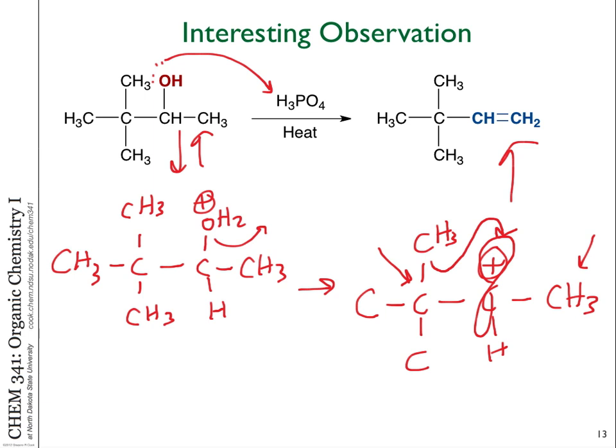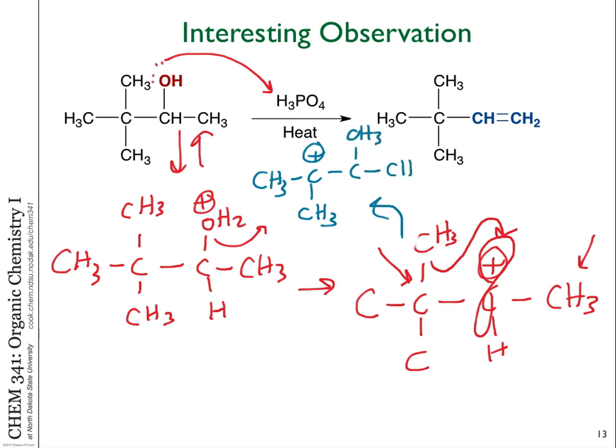So instead of just eliminating hydrogen, before that takes place, this is a faster process. Let me draw it here, in blue so you can see. If that CH3 group moves over, you get that. This is the CH3 that moved.